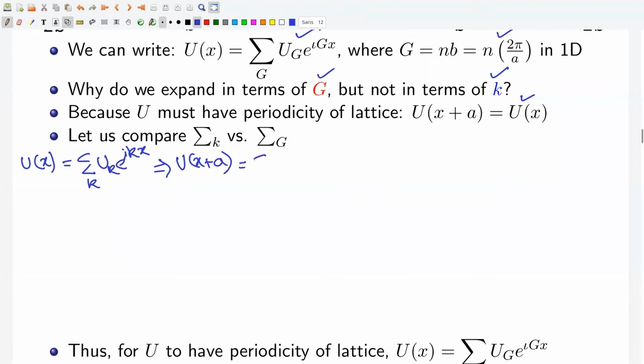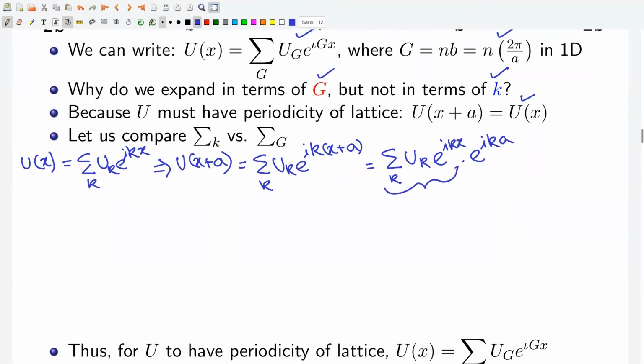This is equal to sum over k u of k e power i k (x plus a), which we can write as sum over k u of k e power i k x times e power i k a. Note that this part is u of x. Thus, for u of x plus a to be equal to u of x, e power i k a must be equal to 1.